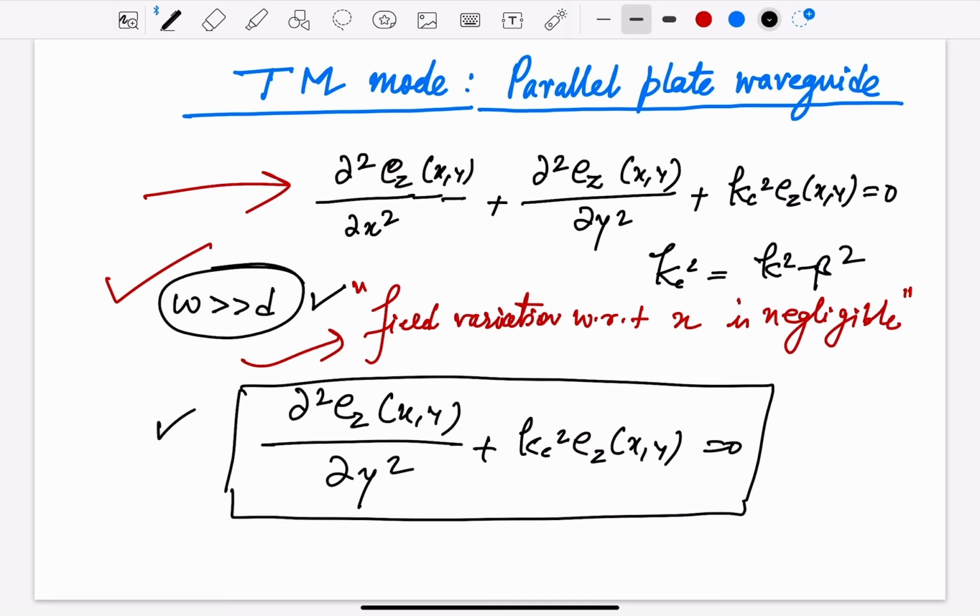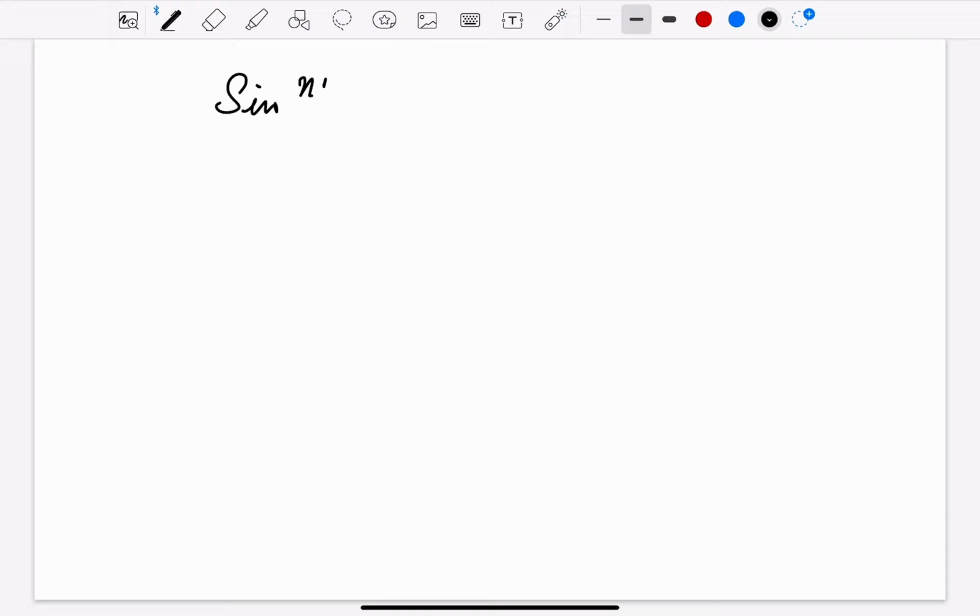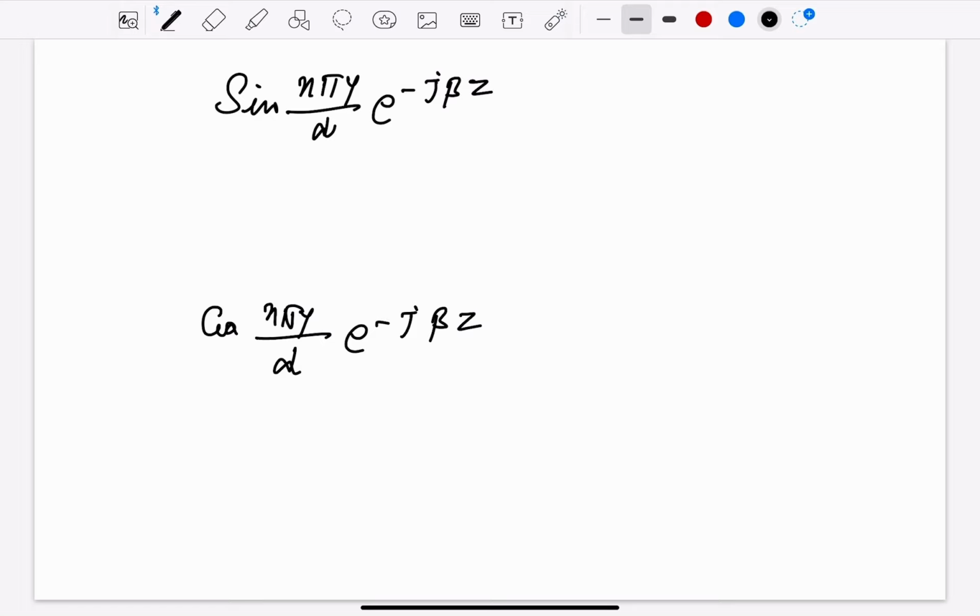Let me recall this sine; in place of kc I am writing n pi by d, and e to the power minus j beta z. So this was one term. Another term was cos n pi by d times e to the power minus j beta z. These were the two terms, remember, when we started our discussion of making the solutions for that differential equation.